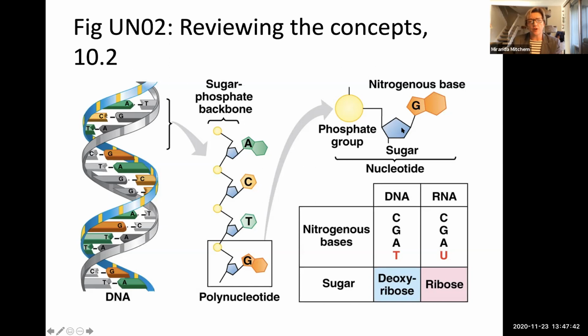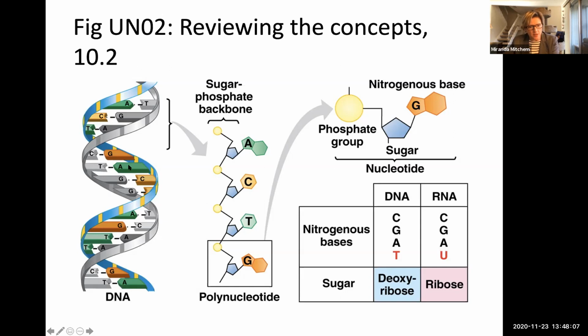It has a sugar, it has a phosphate group, and then it has a nitrogenous base. So the structure composed of these three things makes up the nucleotide of DNA here. And then these are strung together to create our polynucleotide, our chain of DNA.